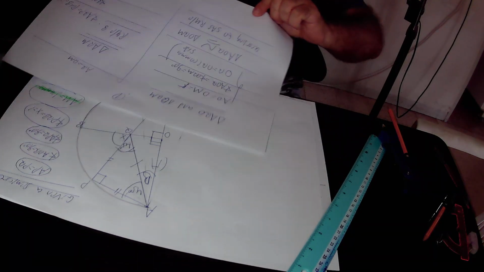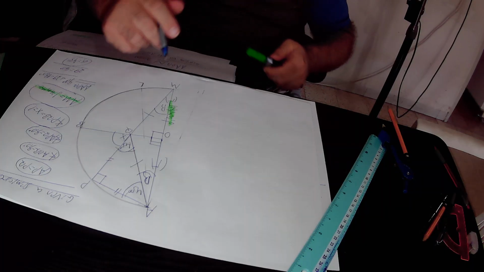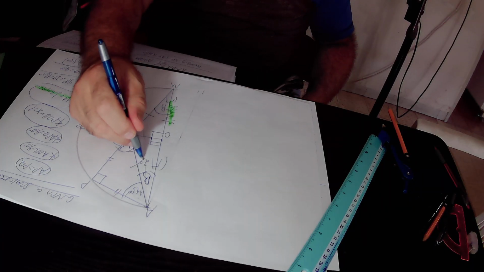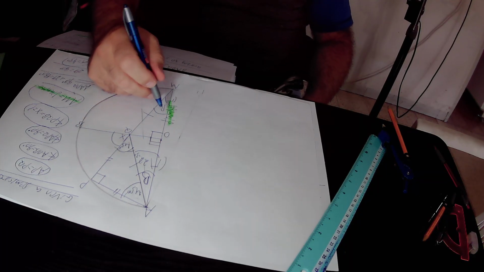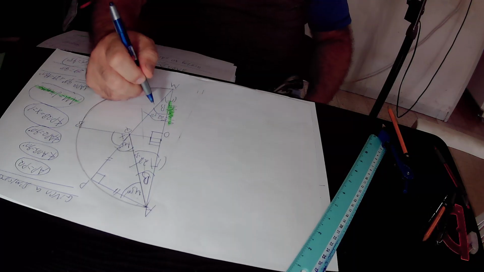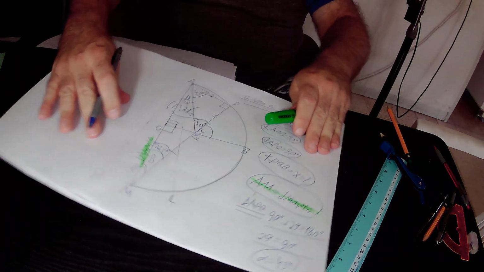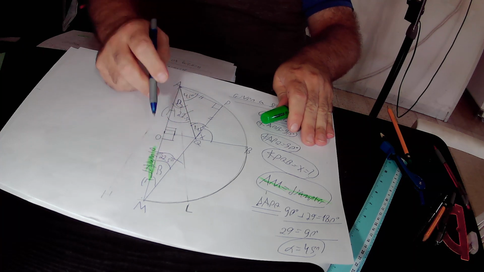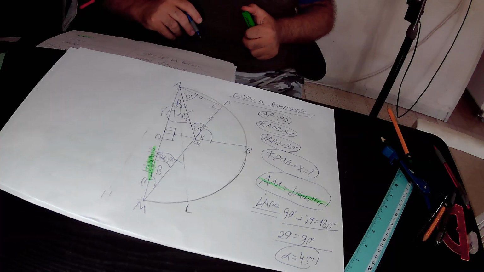So if we found out that the size of this angle beta is equal to 22.5 degrees, this is also angle beta that is equal to 22.5 degrees in its size. In the next step, we focus on the right triangle OQM. In the lower right triangle OQM, the sum of the angles must be equal to 180 degrees.